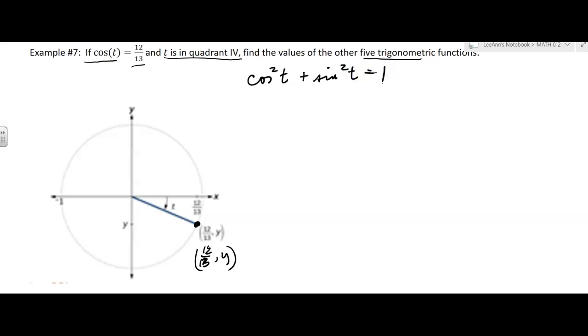We know that from our Pythagorean identity. So we can take the 12 over 13 and square it, because we know the cosine of t is 12 over 13, plus sine squared t equals 1. Well, 12 over 13 squared is 144 over 169.